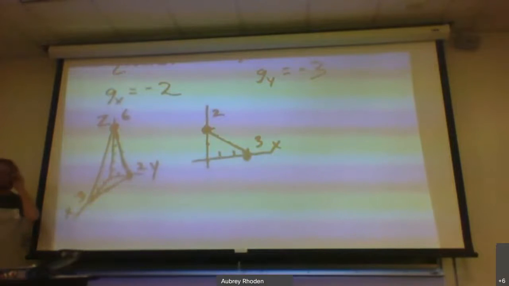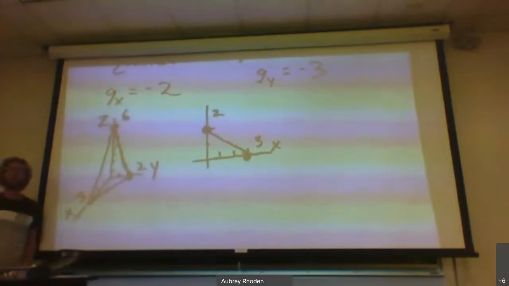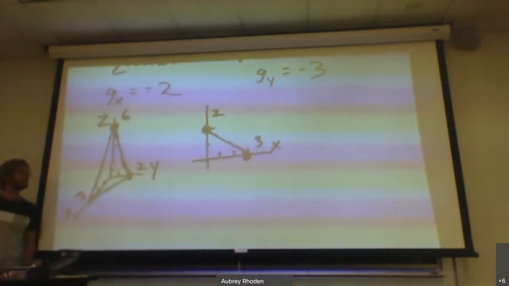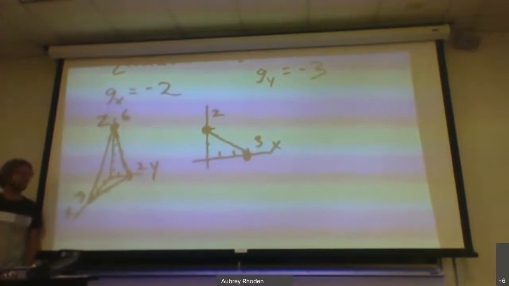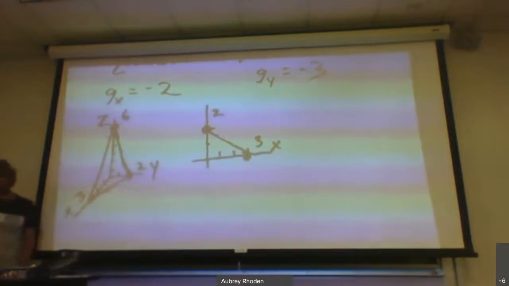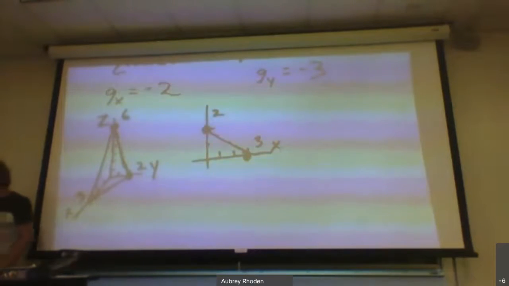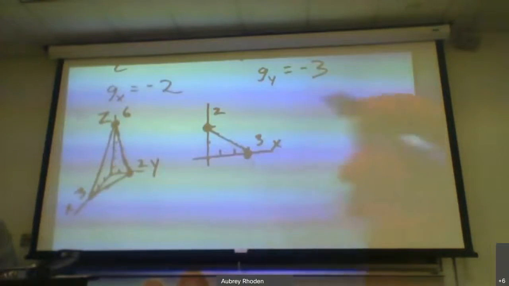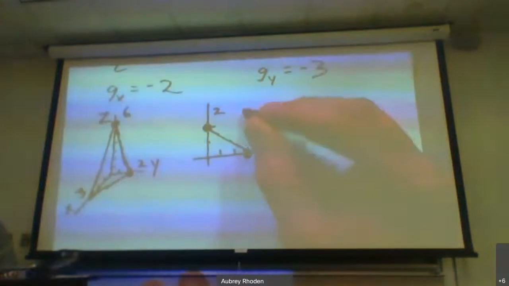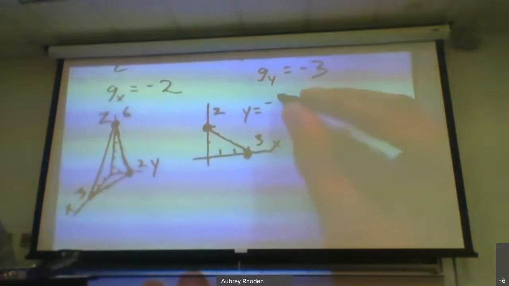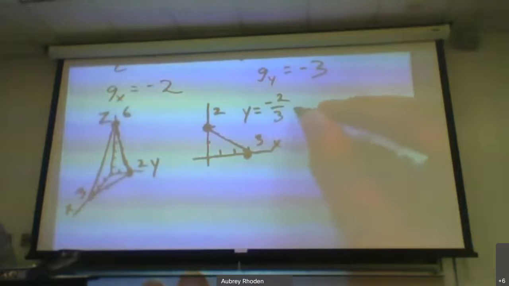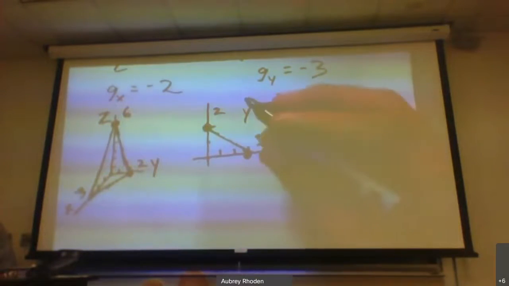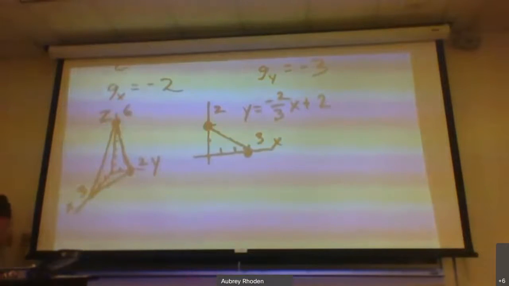Okay, so this is just the projection of the plane in three-dimensional space onto the two-dimensional plane, which is just the xy plane. Okay, and so the projection of this is, well, how would we define this line? y would equal negative 2/3 x plus 2.